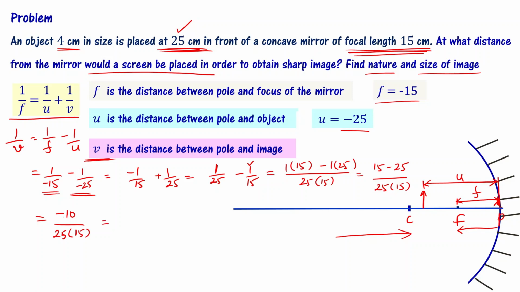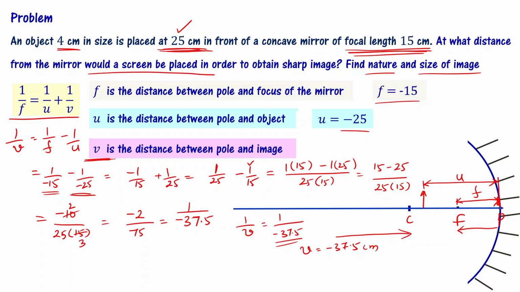This is 2 times 5 and this is 3 times 5, right? So minus 2 divided by 75. This can be written as minus 1 divided by 37.5. So 1 by v equal to 1 divided by minus 37.5, that is, v is equal to minus 37.5 centimeters.